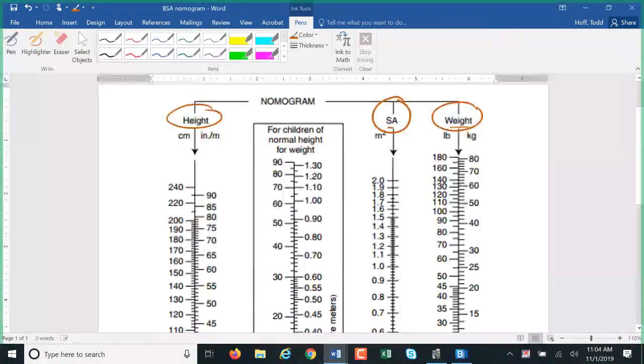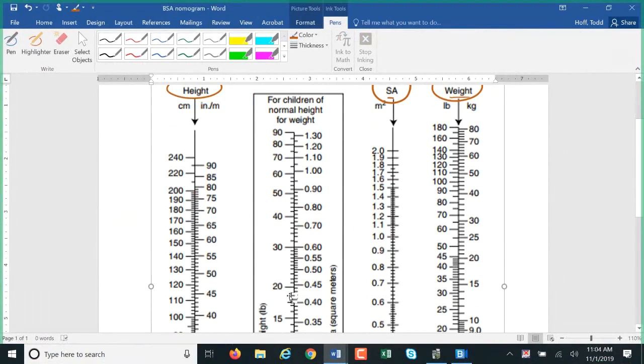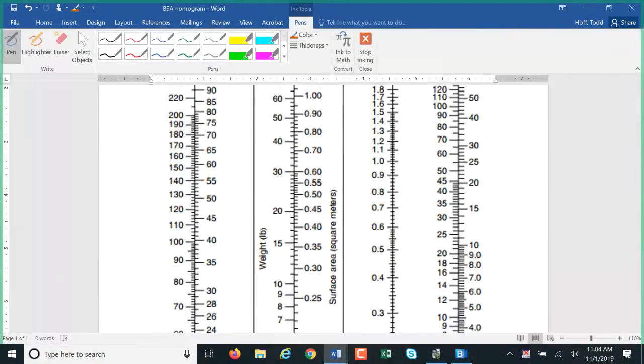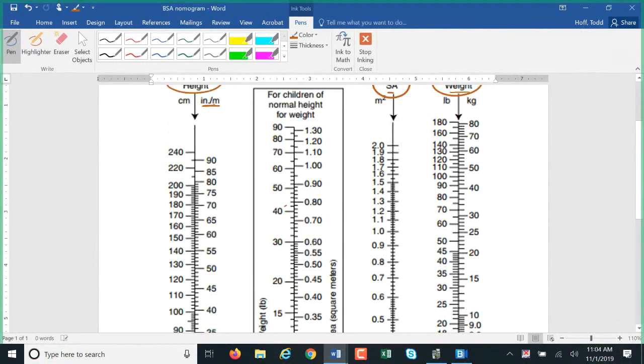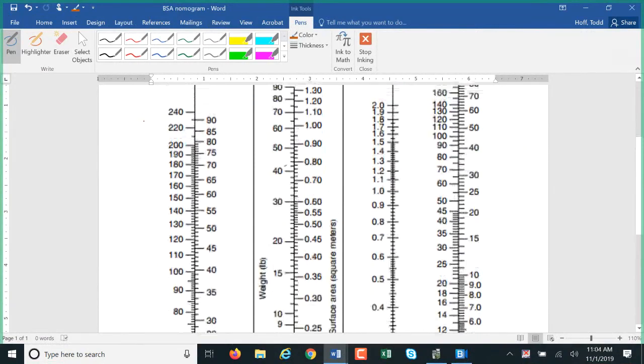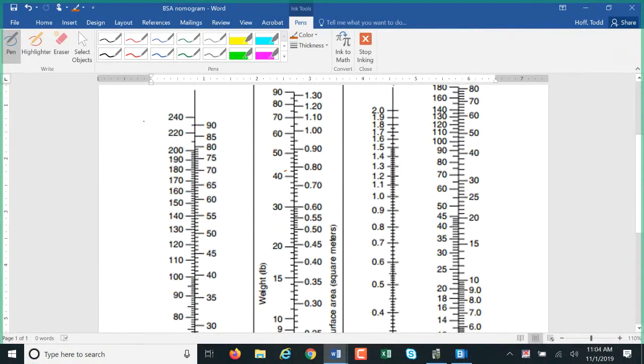So for height, we need to find 49 inches. So if we look up here, inches are on this side, centimeters are on this side. I have no idea why they go up to 90 inches. Don't know too many people out there that are 7'6", but yeah.